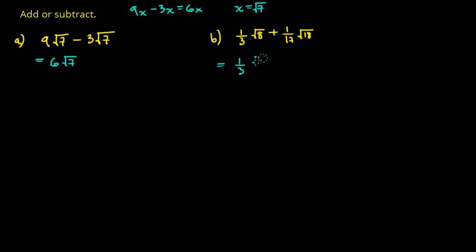Let me rewrite that. 1/3 times root 4 times 2 plus 1 over 17 root 18, and root 18 can be written as root of 9 times 2. So this simplifies to 1/3.